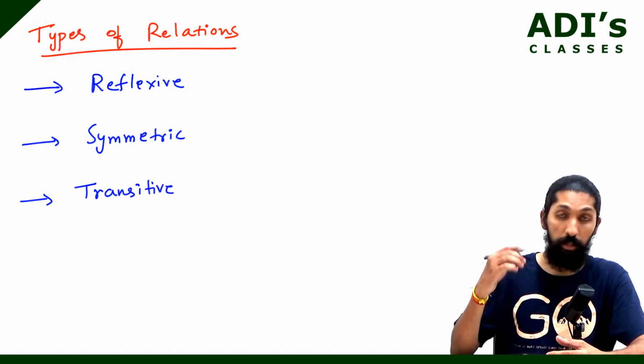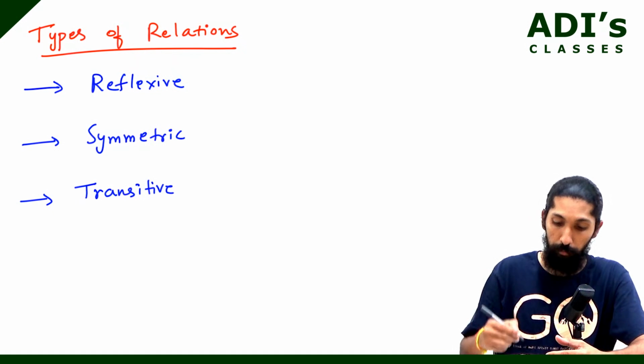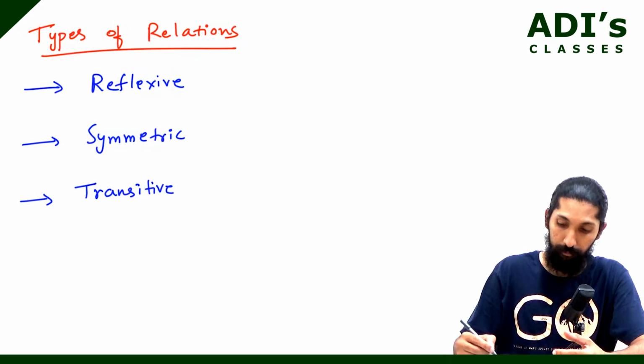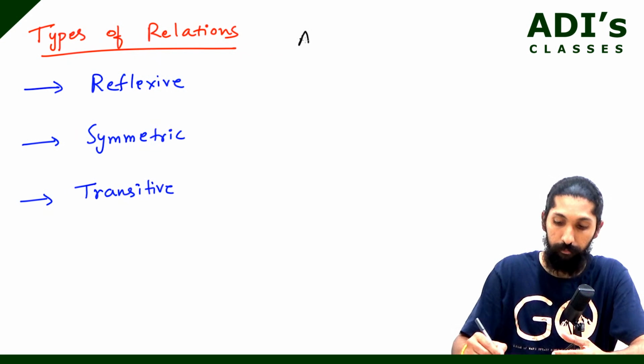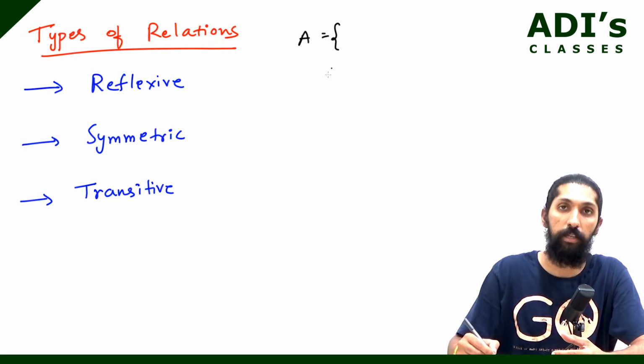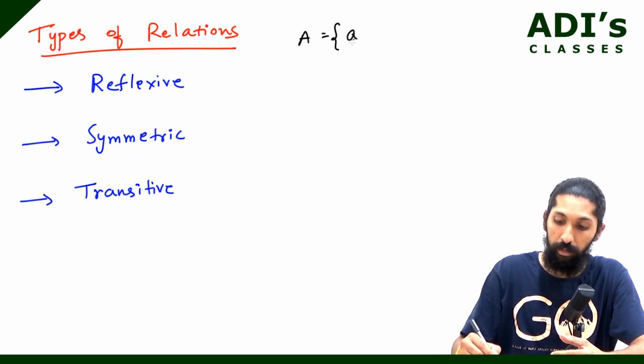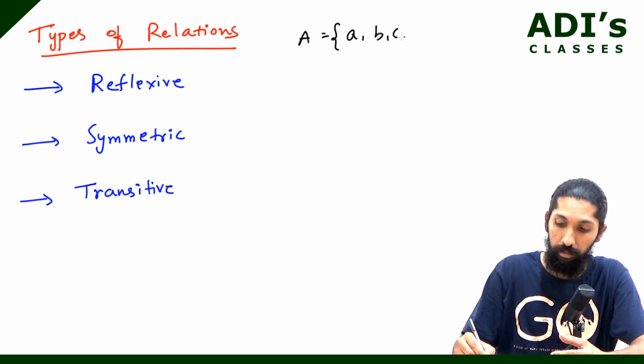When we talk about reflexive relation, suppose you have some set. Assume that you have a set A. In this set, say you have elements a, b, c, d, and so on.